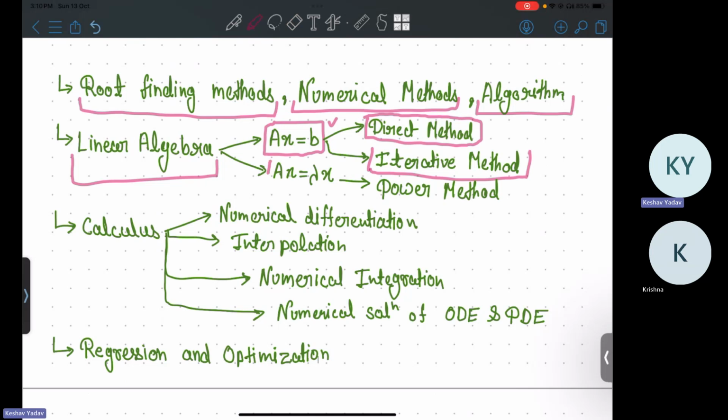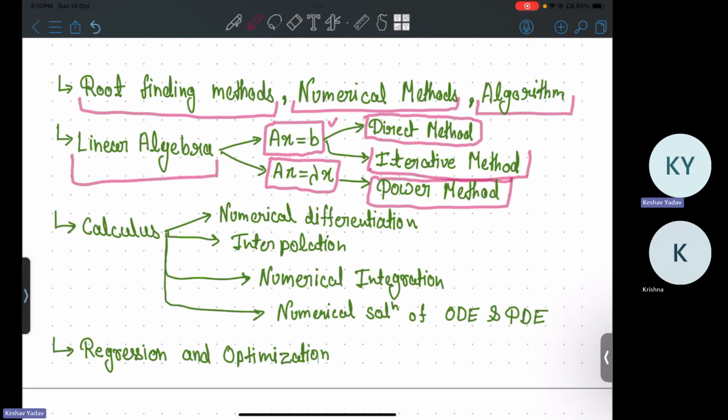Then we have seen the Ax = lambda x type of problem, which is nothing but an eigenvalue problem. There we have seen how we can find all eigenvalues and all eigenvectors of a square matrix. There we have seen the power method, which gives us the absolute highest eigenvalue and its corresponding eigenvector.